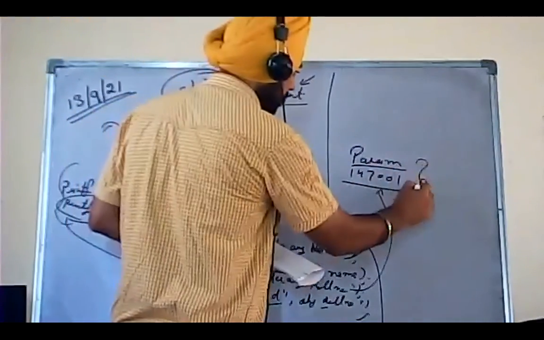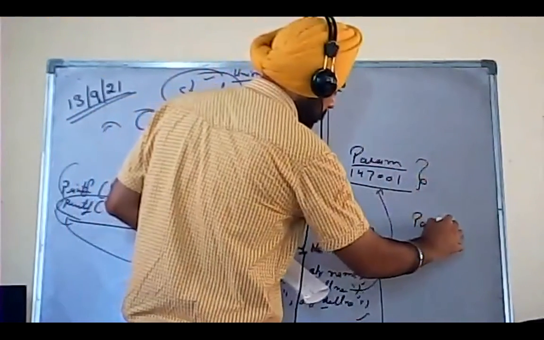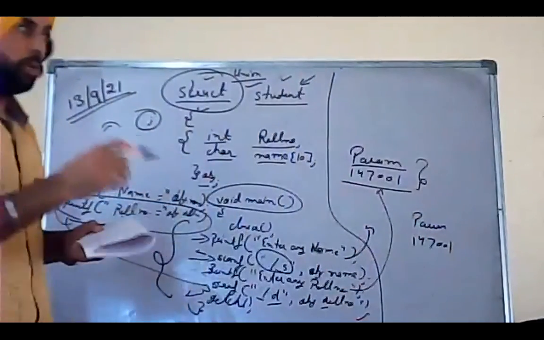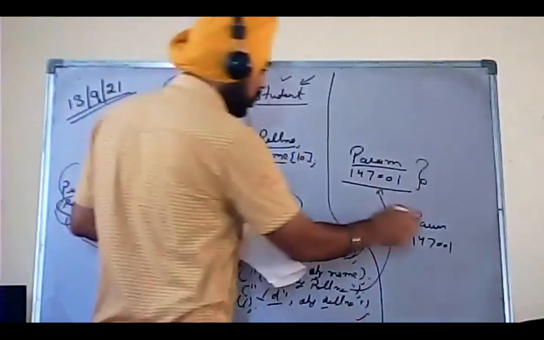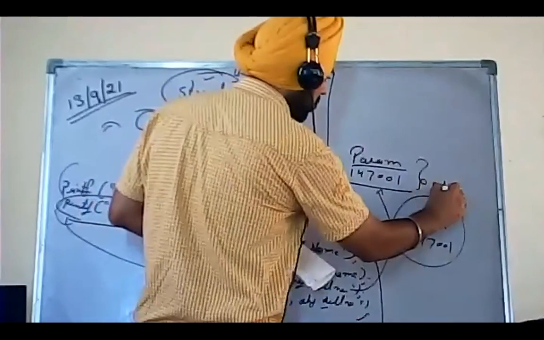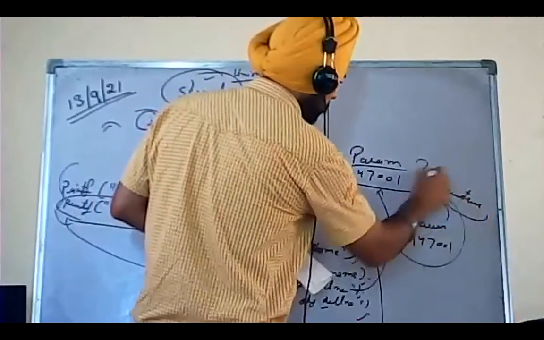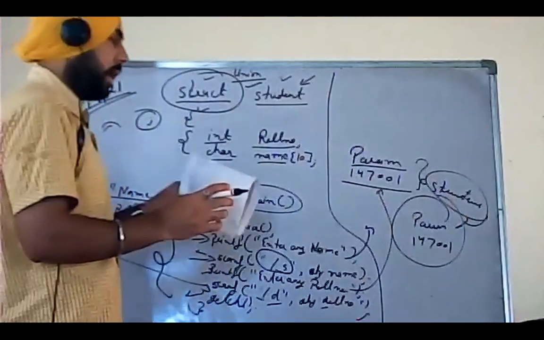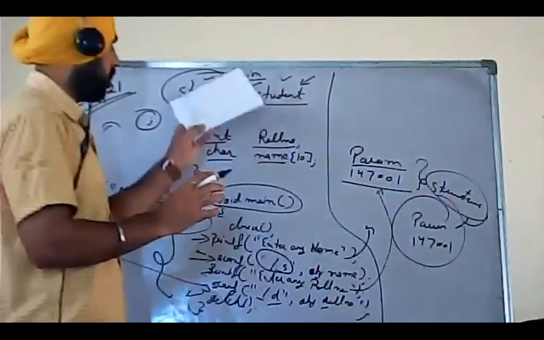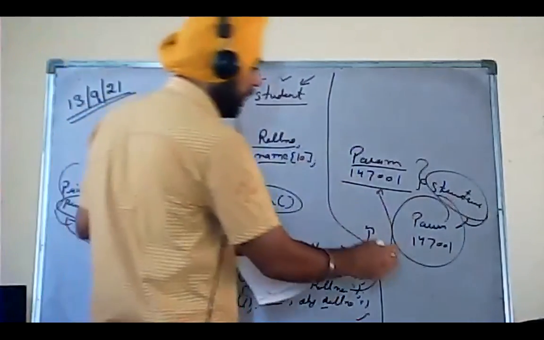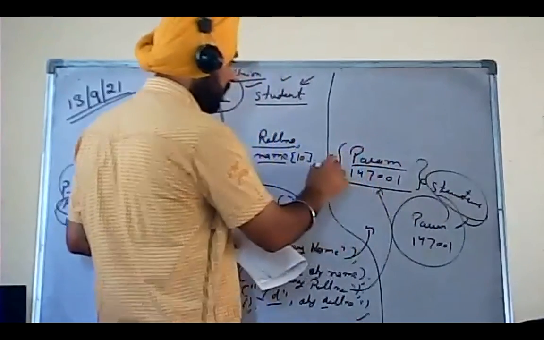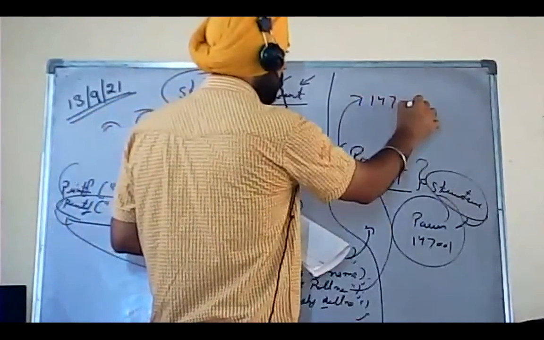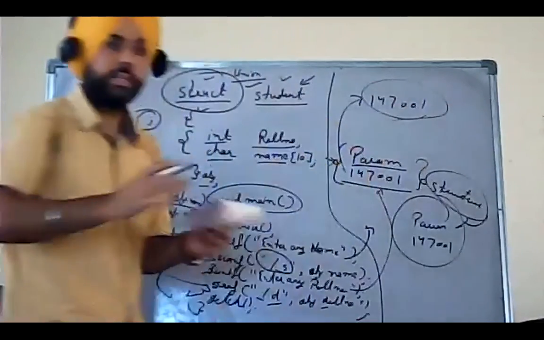We will get the same output, if it is a structure. If we are talking about a union, the input will be the same, but the output will only show 147001 in the case of union.